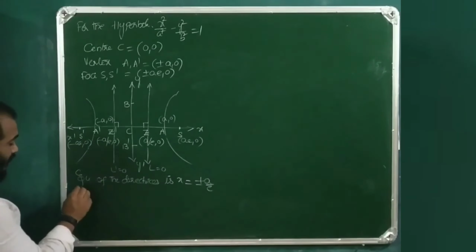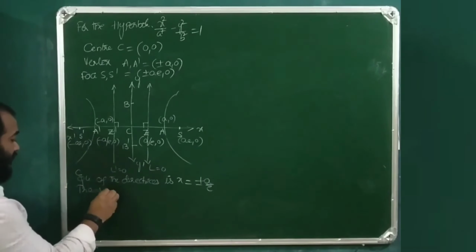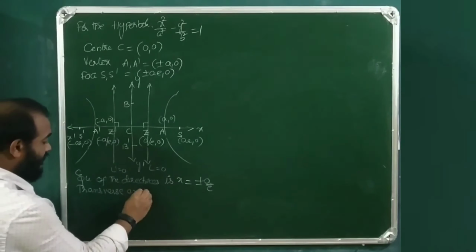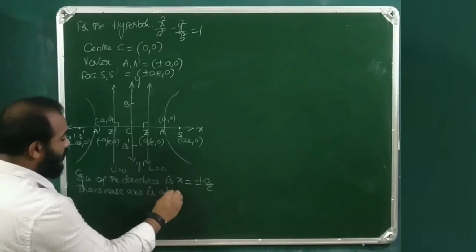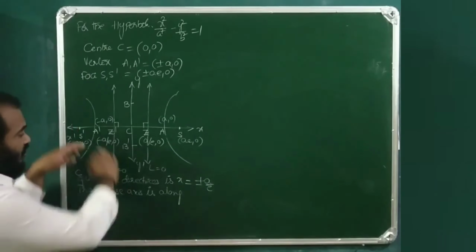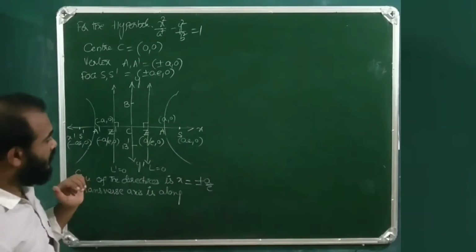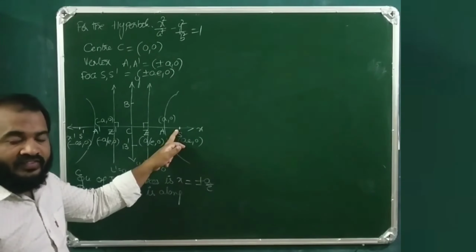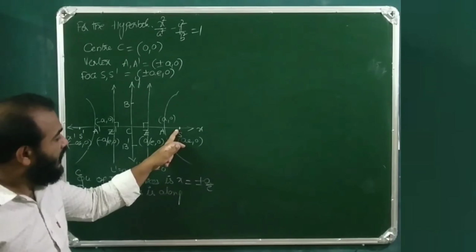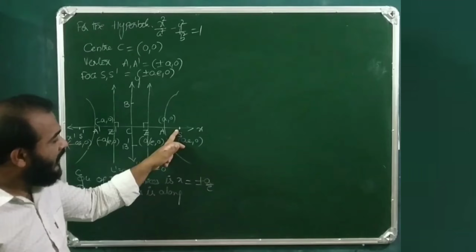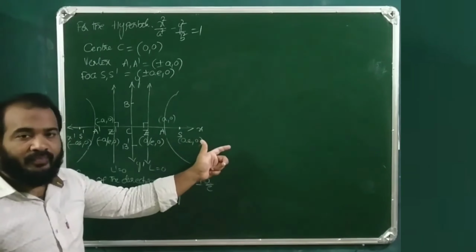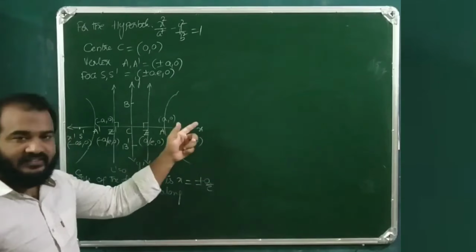Here the transverse axis is along, this is the transverse axis. So what is the transverse axis? The line which is passing through the focus is called the principal axis or transverse axis here.